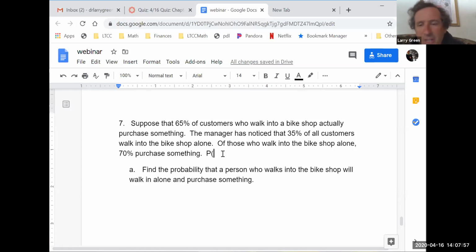And you should all be doing this, not just one or two of you, but you should all be trying. Because again, if you don't try, you don't learn as much. So 65% of customers who walk into the bike shop purchase something. So what is that?